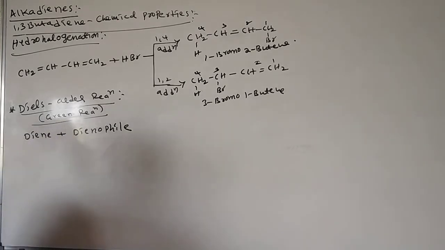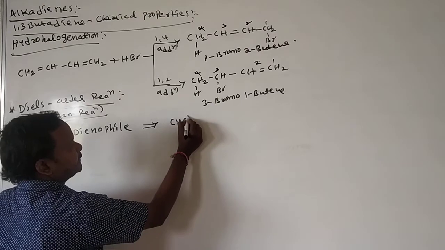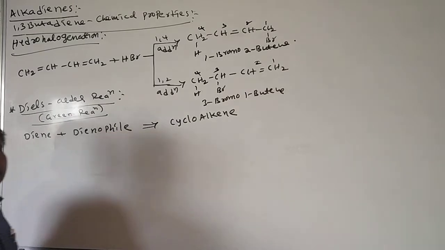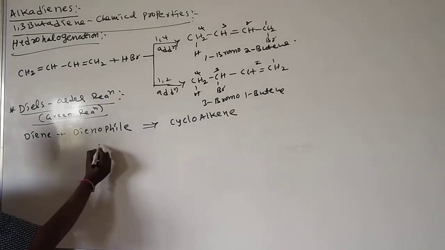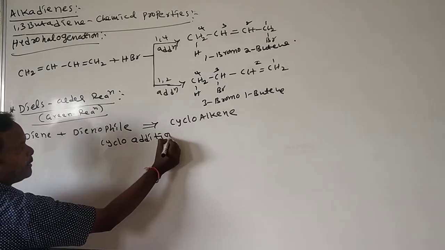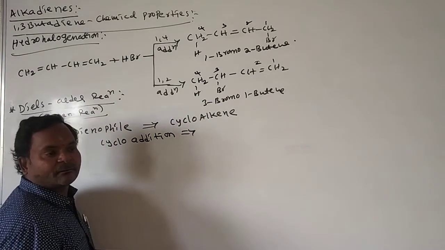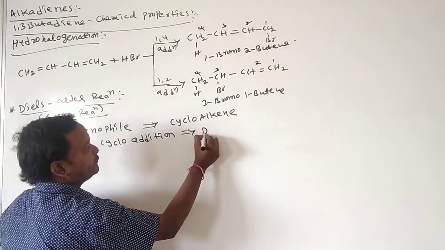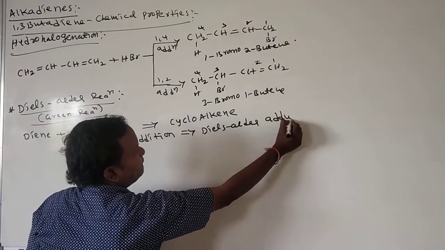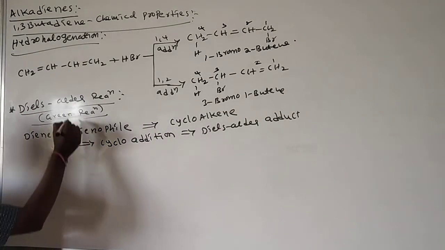Diene addition with dienophile, and we get cycloalkenes. A cyclic compound is formed, so this reaction is called a cycloaddition reaction. The compound formed in the Diels-Alder reaction we call the Diels-Alder adduct. This is an addition reaction, that's why we call it a green reaction.